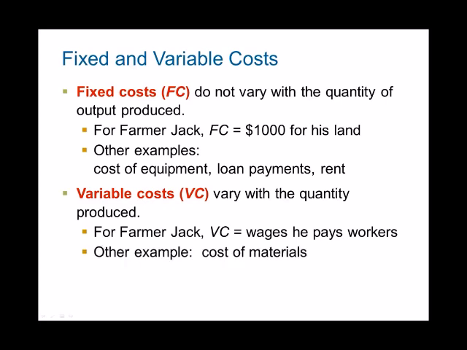Other examples are, let's say, cost of materials, cost of utilities, so electricity bill, water bill, all those things are variable costs. So if we produce more, we will probably use more electricity or more water, and so those costs will go up. So total cost that we have is fixed cost plus variable cost.